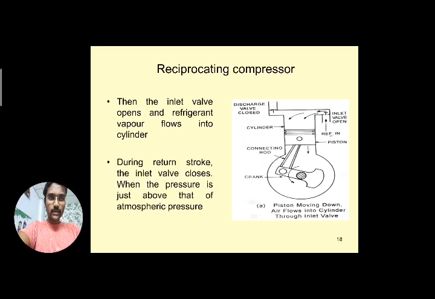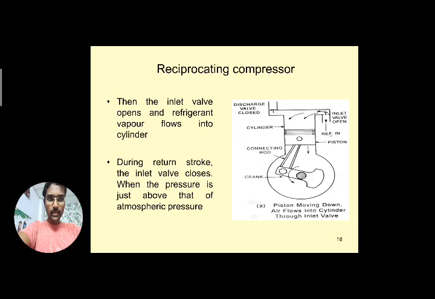Whenever it is entering, during the return stroke the piston will come downwards. During the return stroke, the inlet valve closes when the pressure is just above the atmospheric pressure. Again the same thing here. During the return stroke, the pressure acts on the top of the inlet valve.